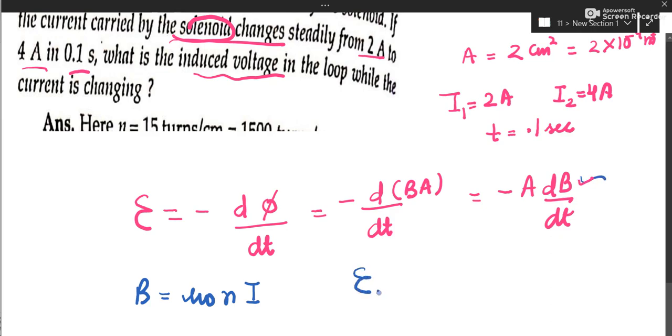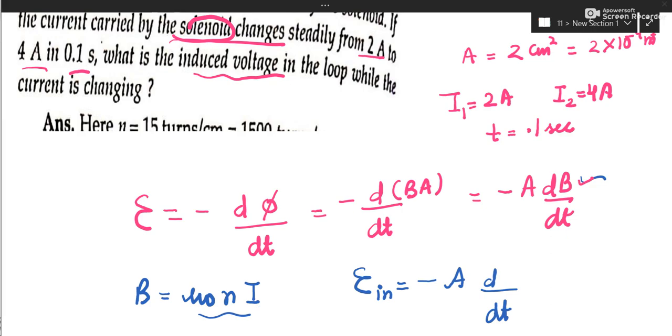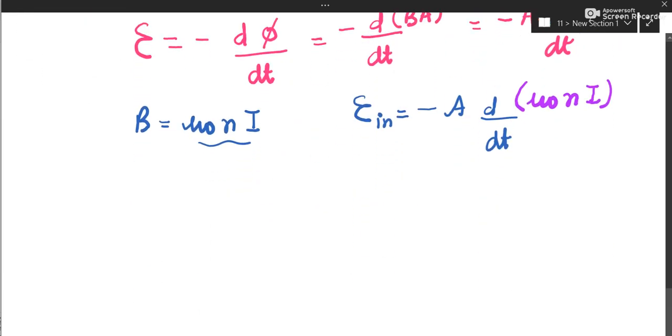So my induced EMF will be equal to minus area d by dt, and in place of B we are putting mu naught N I. Now take the constants out. Induced EMF will be equal to minus area mu naught N dI by dt.